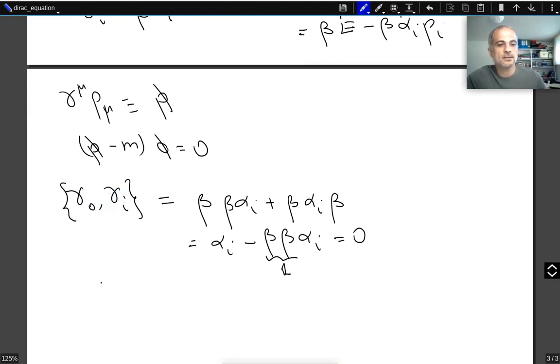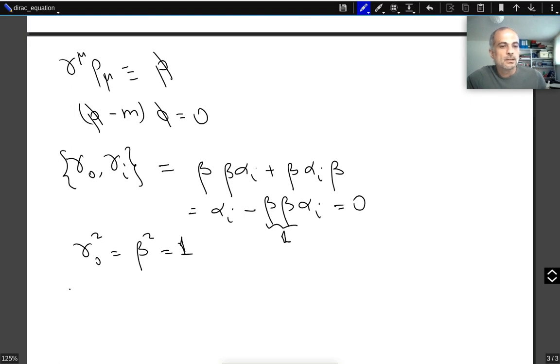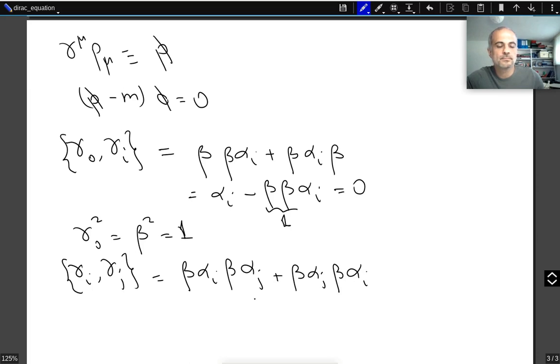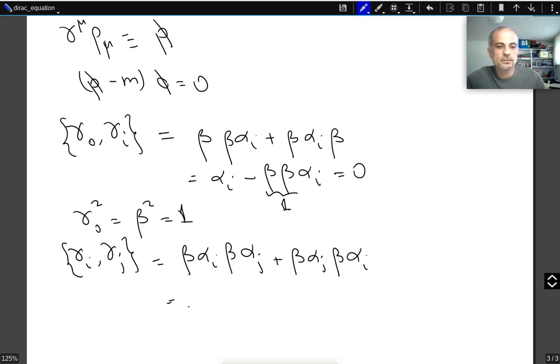Now let's look at γ^0 squared. Well, this is just β squared, which is just 1. Let's look at γ^i, γ^j, the anti-commutator of two space-like components. This is β α_i β α_j plus β α_j β α_i.